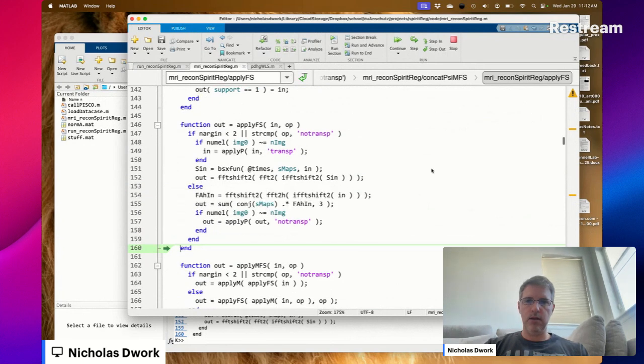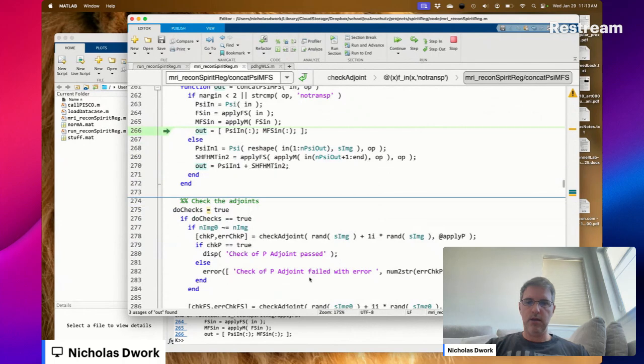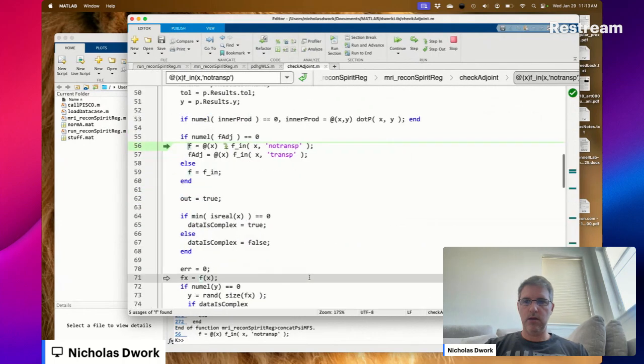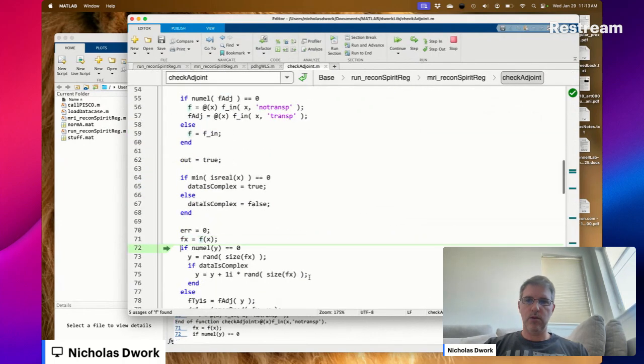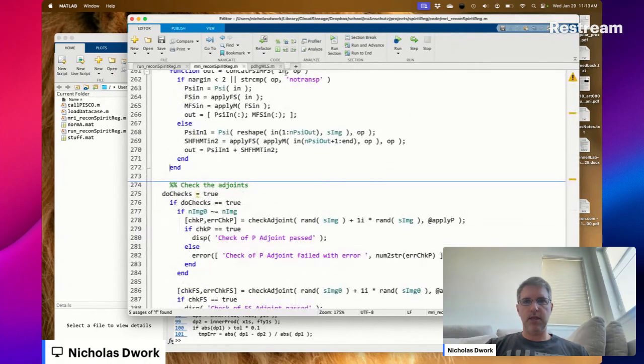Okay. MFS. Check adjoint. I don't want to check adjoint.